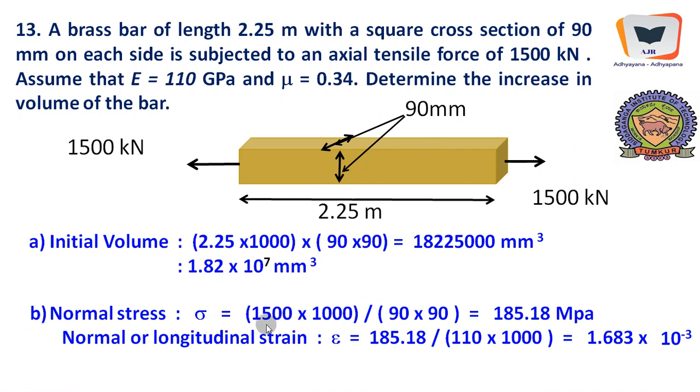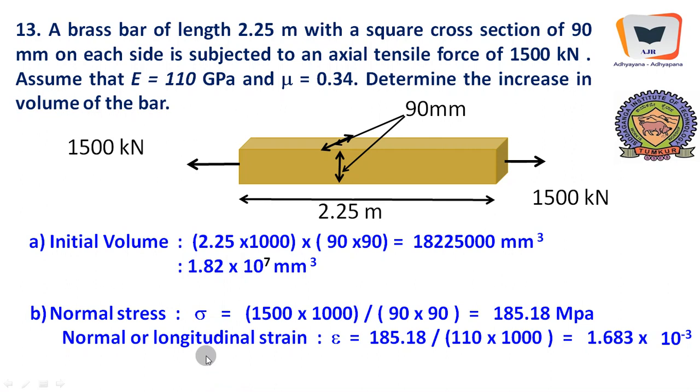Normal stress in this bar is 1500, make it Newton, divided by 90 by 90, since the area of cross section is square in nature. That will give us a normal stress of 185.18 MPa.